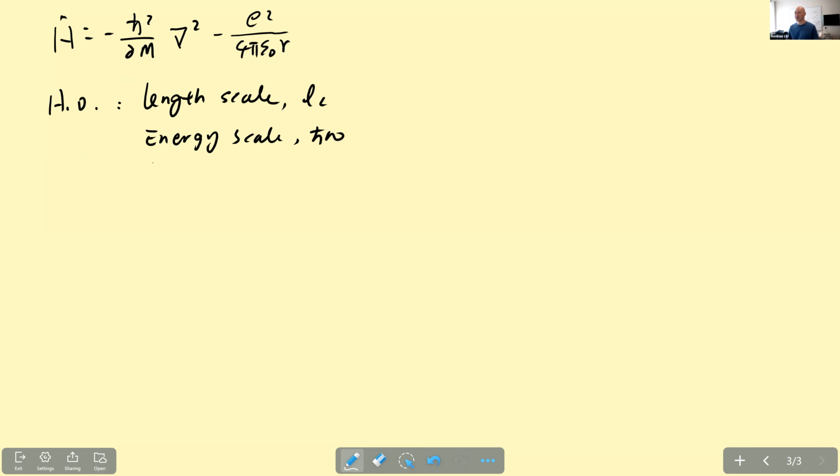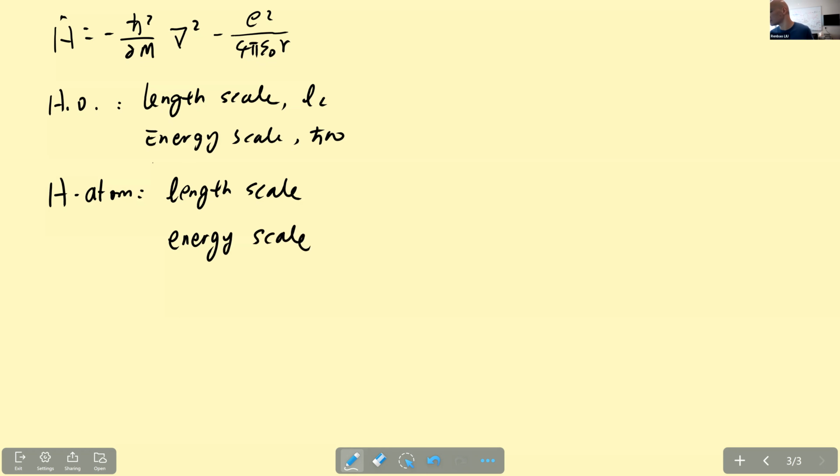That one can be given by the length scale and the energy scale. How about here? In the hydrogen atom, we can also define the typical length scale and the energy scale. Of course, you can also say that you have a momentum scale.